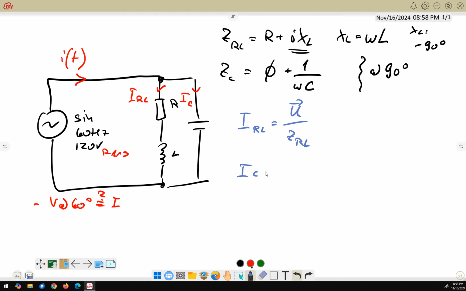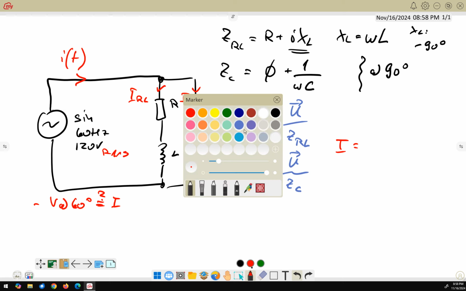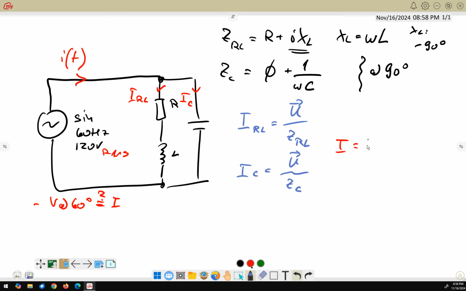The current through the capacitor is similar, divided by the impedance of the capacitor. And at the end, the total current is nothing else than the sum of both.